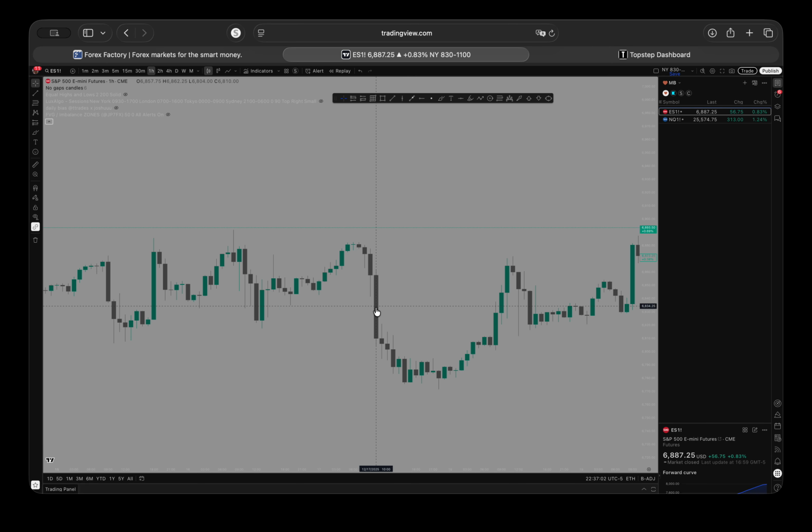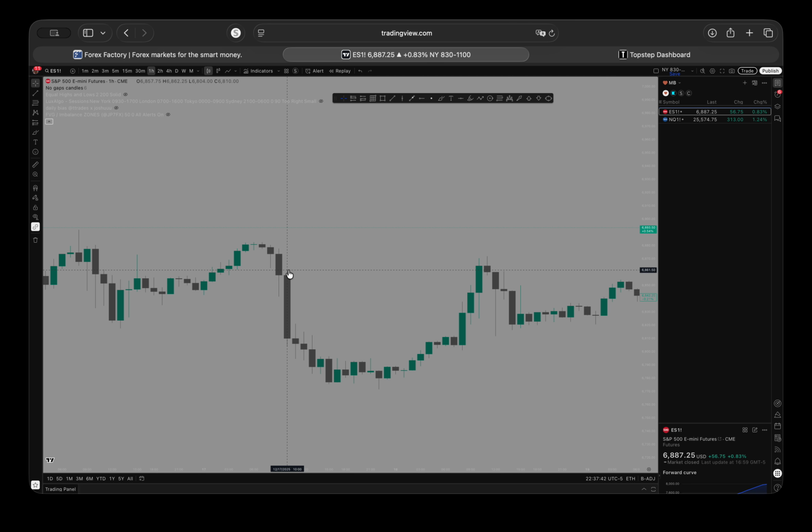So every time we see a bearish candle, it will typically open up at the top. It will bounce around. This little wick, this little stick here, the top of it is the highest that price was, which was 6,861.